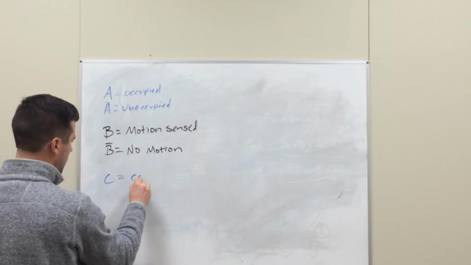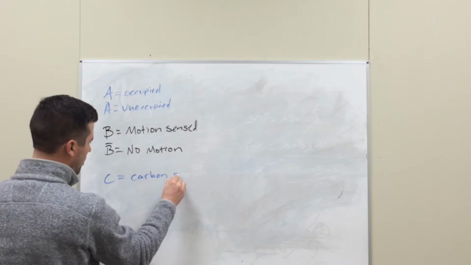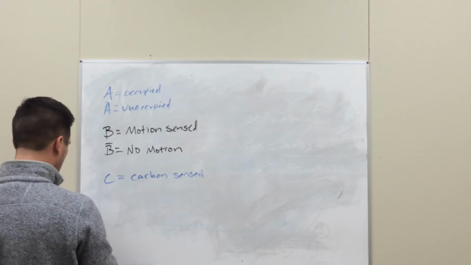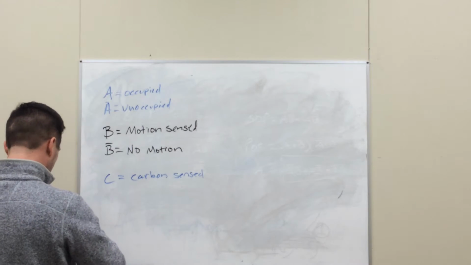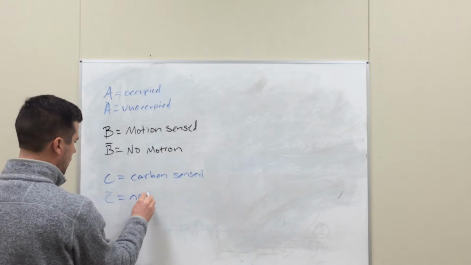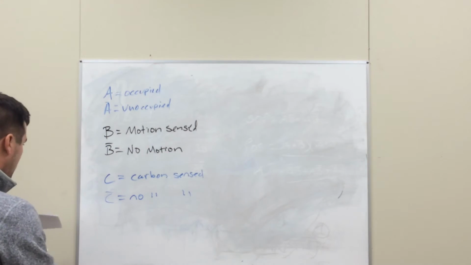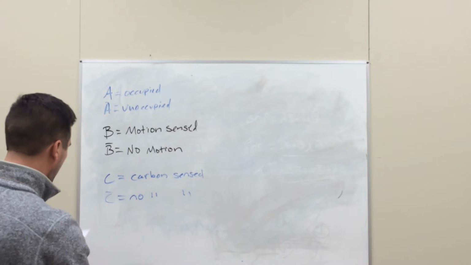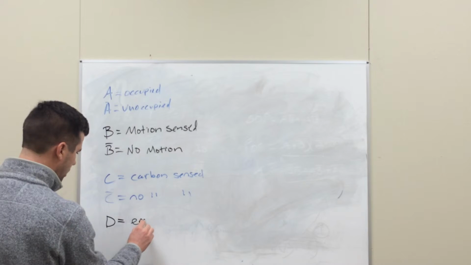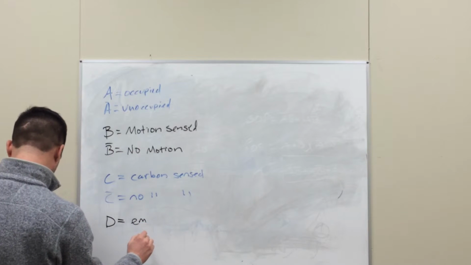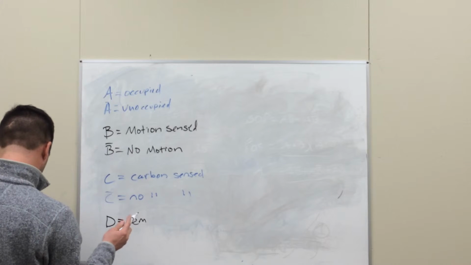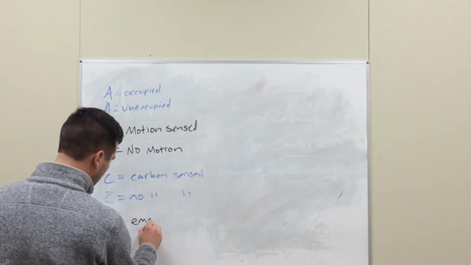C was equal to carbon sensed. C naught, no carbon sensed. All right. D, employee.